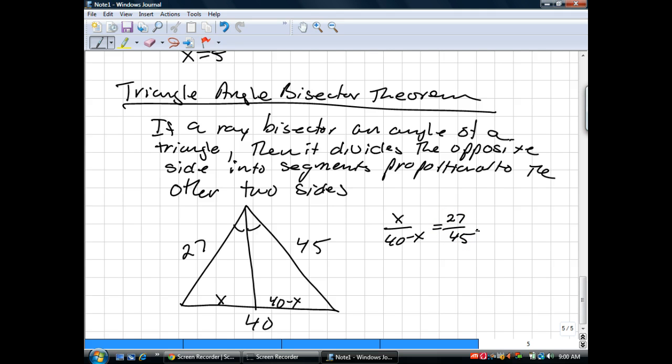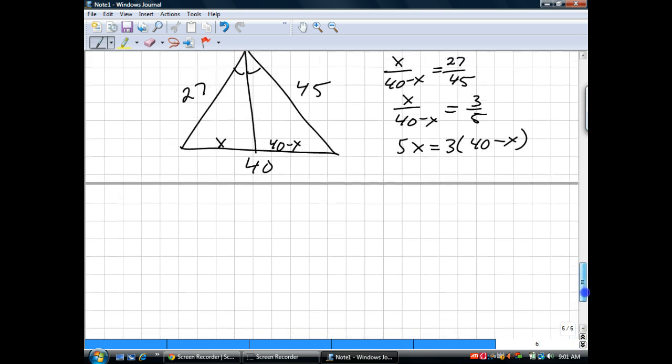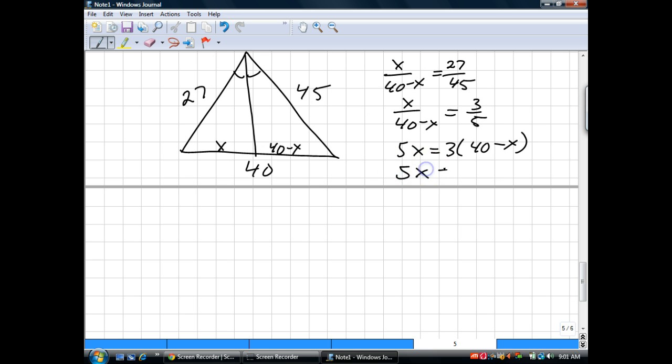So then I'm going to reduce, so I have x over 40 minus x equals 3 over 5. So cross multiply, so we get 5x equals 3 times 40 minus x. I'm going to continue simplifying.